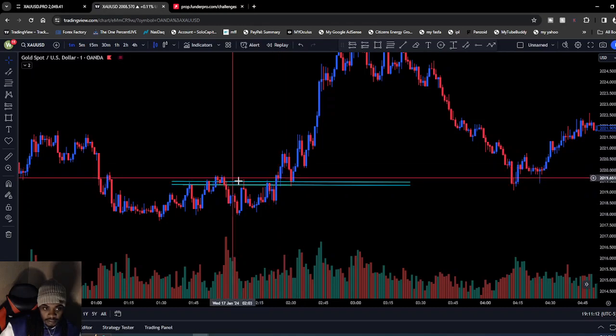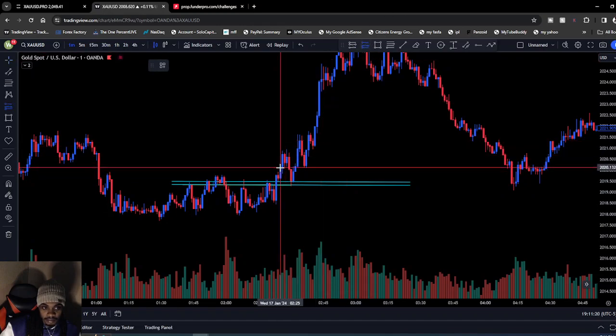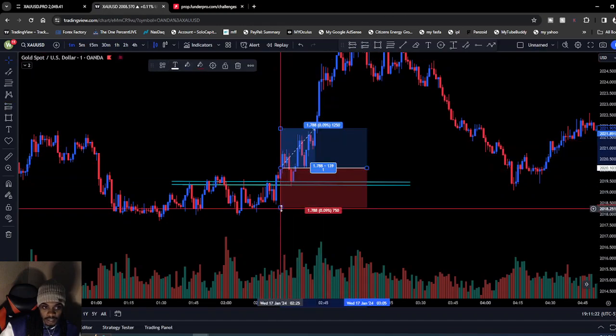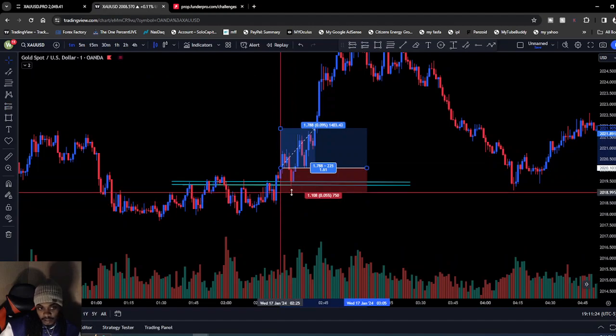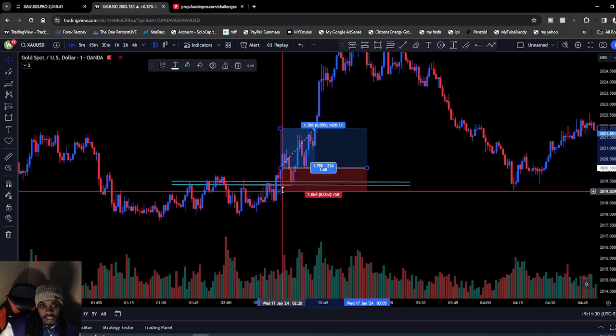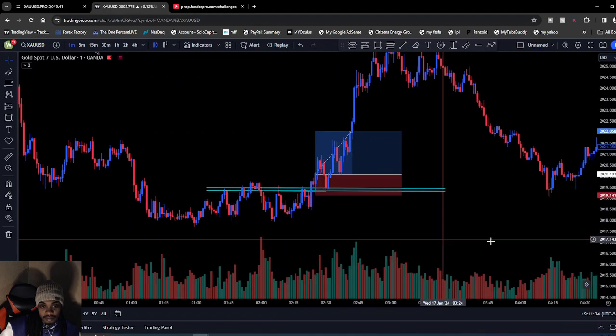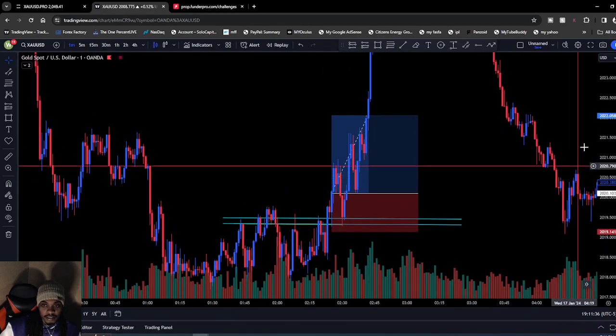It broke out of these zones with this candle, came down, you had an engulfing candle. That could have been your entry on the candle close, or as it started to go above this wick high. Put your stops below, 1 to 2, and you're out of there.